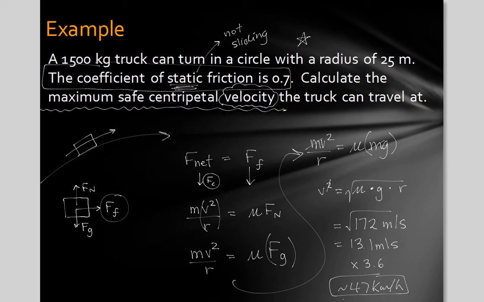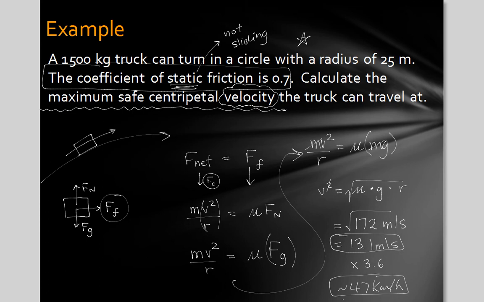So most of the time, if you're a smart, careful driver, you're going to take turns at a slower speed. Because if you go any faster than this 13.1 meters per second, or about 47 kilometers per hour, you're going to slide and spin out.